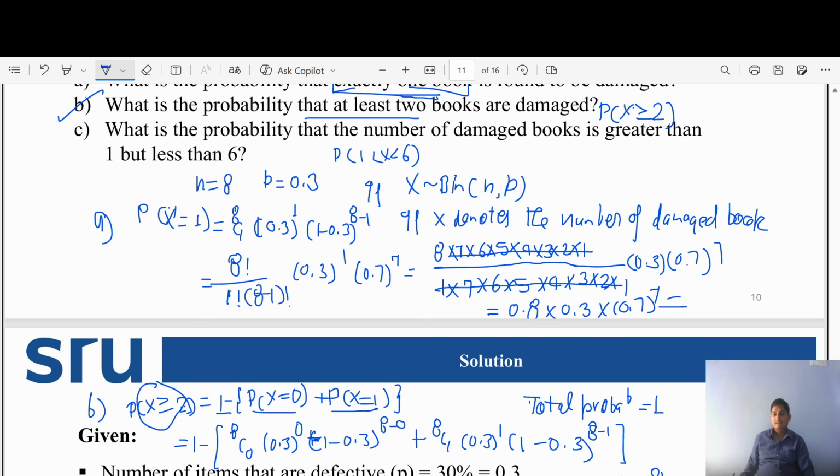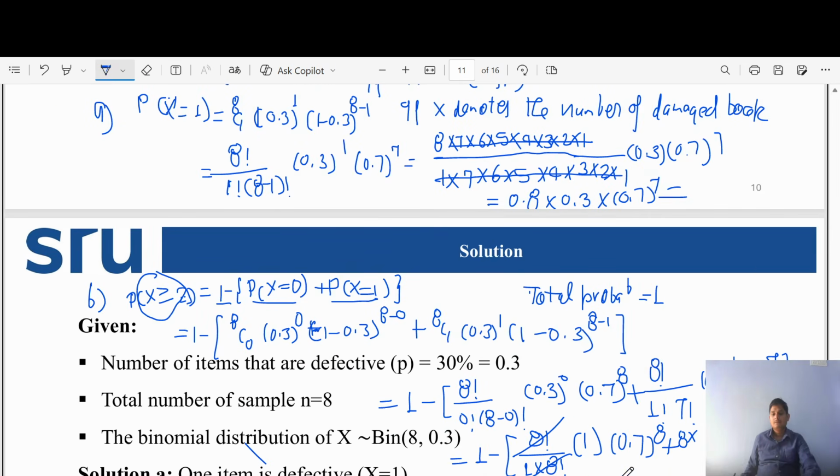This 8 factorial means 8 cross 7 cross 6 cross 5 cross 4 cross 3 cross 2 cross 1, over 1 factorial, which is 1, cross 7 factorial, which means 7 cross 6 cross 5 cross 4 cross 3 cross 2 cross 1, and this cancels out.